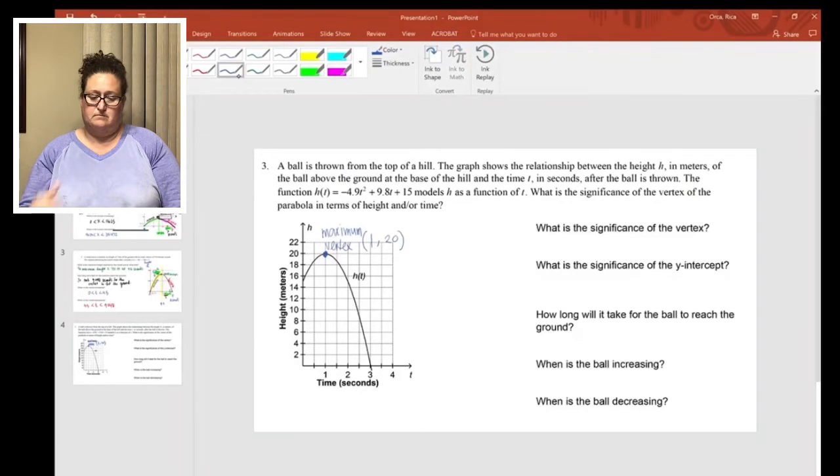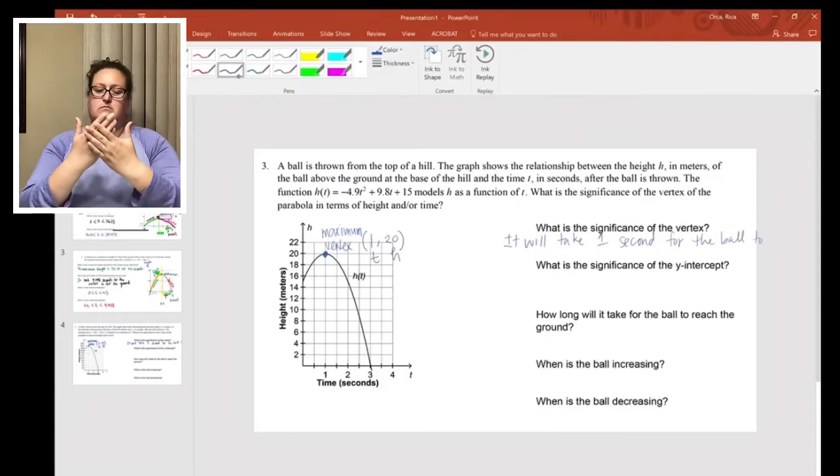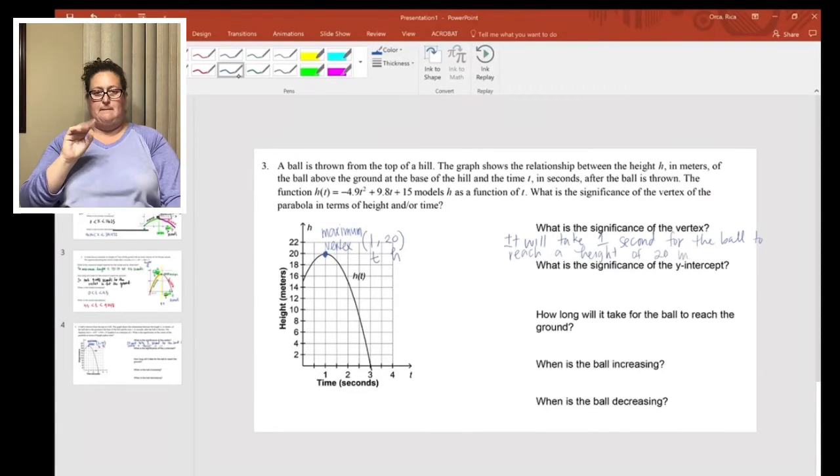So our x-coordinate is now t, which is the time, and our y-coordinate represents the height. It will take 1 second for the ball to reach a height of 20 meters.